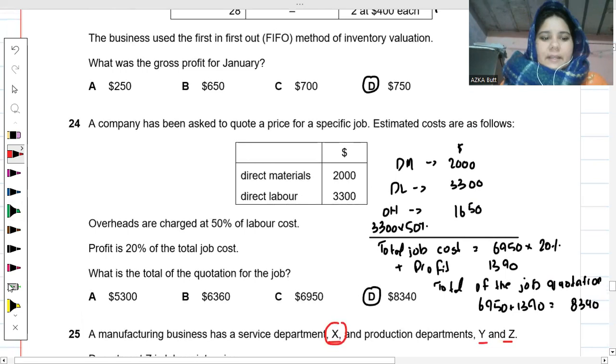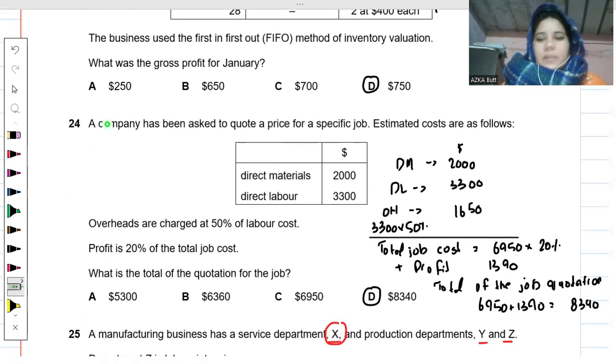Okay, so after that, in question number 24, a company has been asked to quote a price for a specific job and the estimated costs are as follows. So we get a job, maybe making some specific kind of product, and we have some cost for it. The direct material is 2000, and direct labor is 3300.